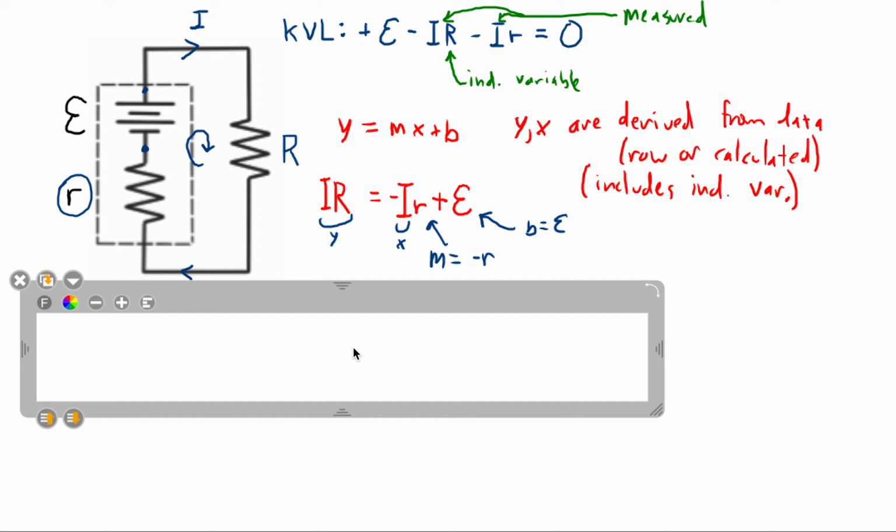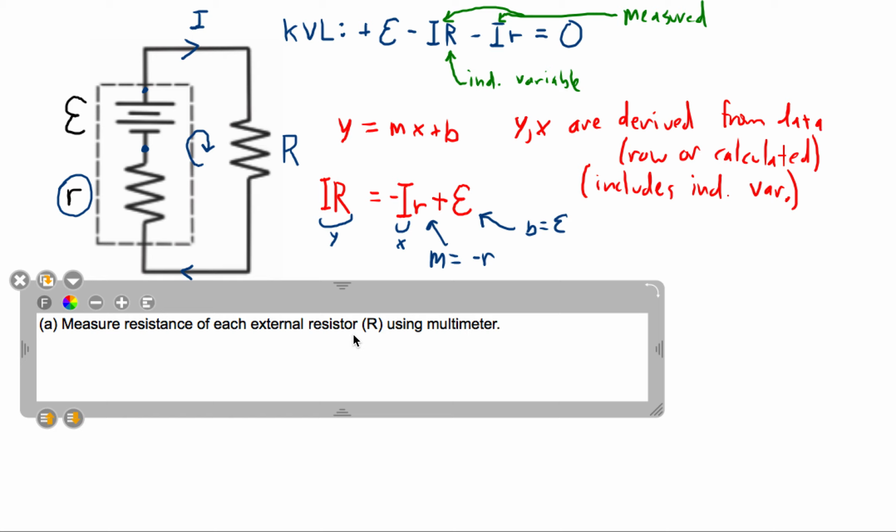So for part A, measure the resistance of each external resistor R using a multimeter.